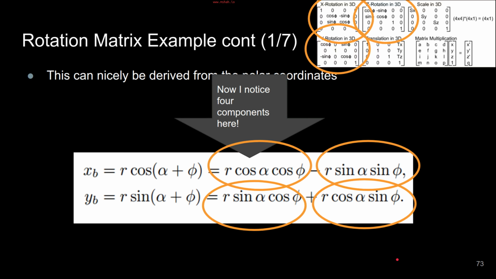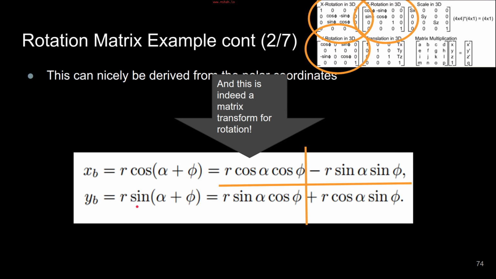Okay, so now I notice 4 components here, which is pretty cool. So if I'm doing the x and the y here, I can indeed sort of see where this matrix transform comes from. That is, if I look at these transform matrices, I can see that there's a cosine here, a sine, a minus sign, and a cosine here. So I'm doing 4 different computations here.